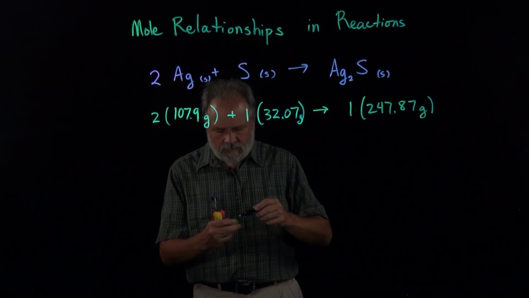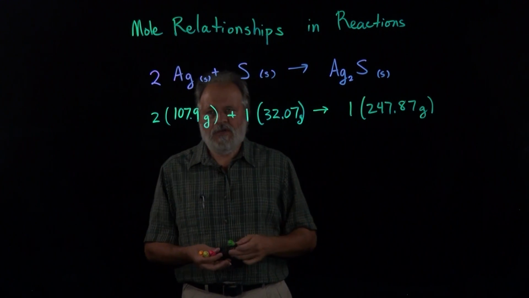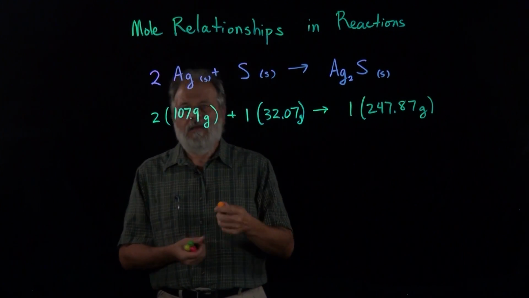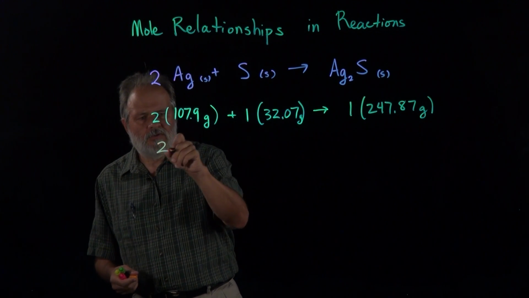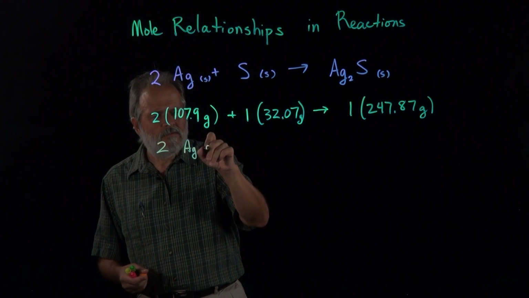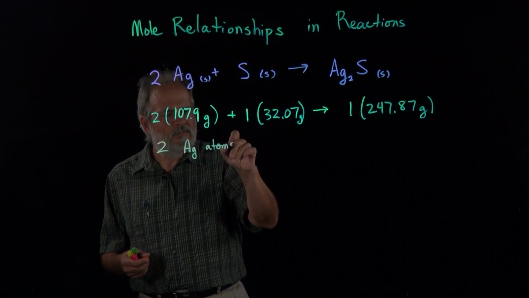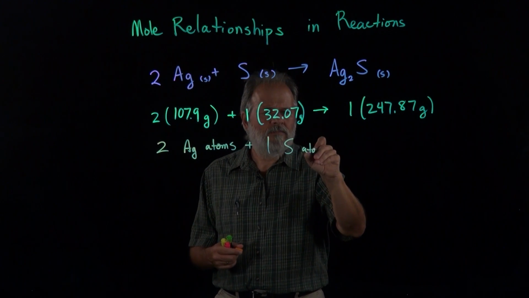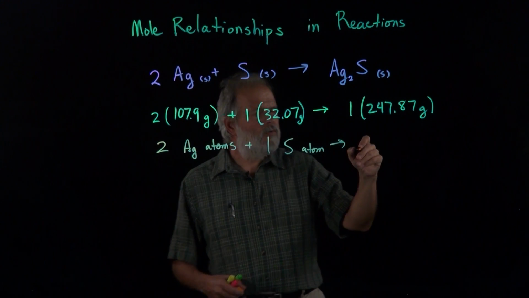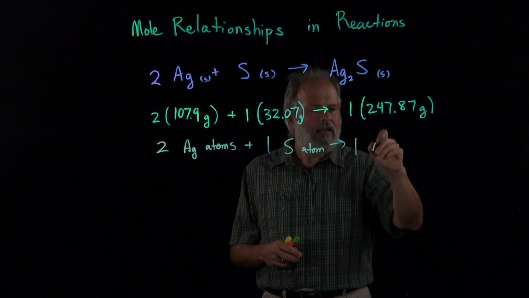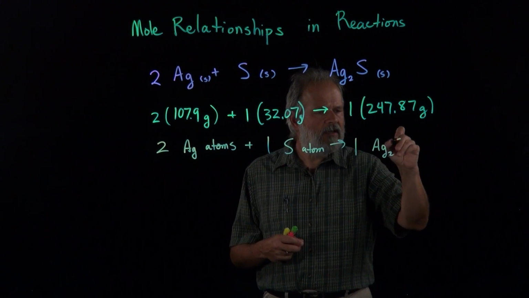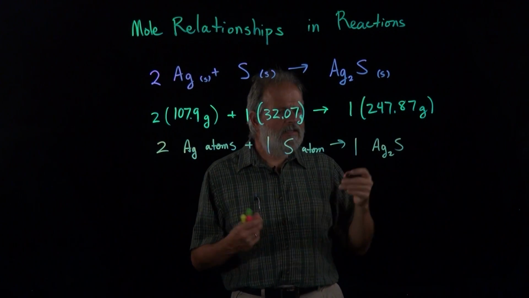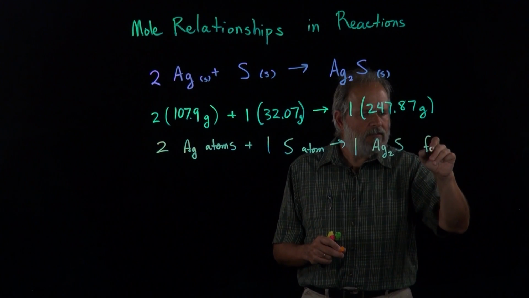Okay. Now this is also true on a number basis, and so 2 silver atoms would react with 1 sulfur atom to give 1 Ag2S, silver sulfide formula unit.